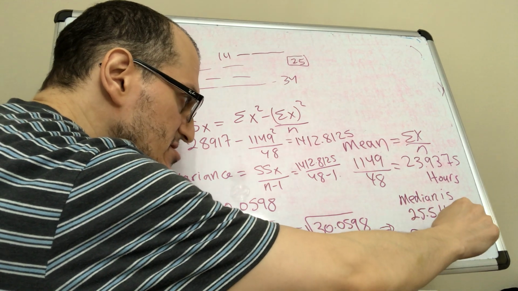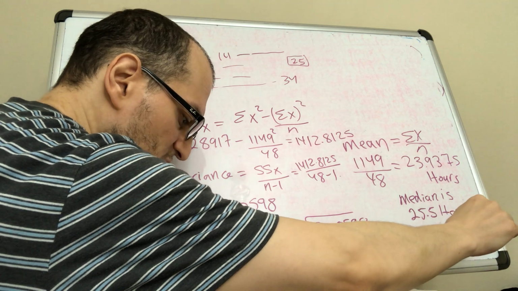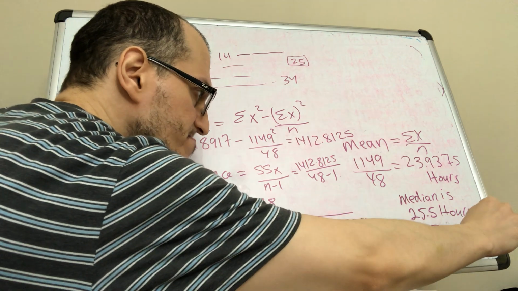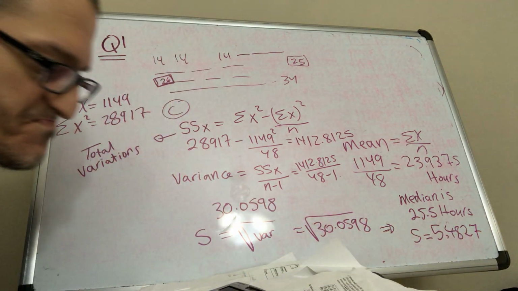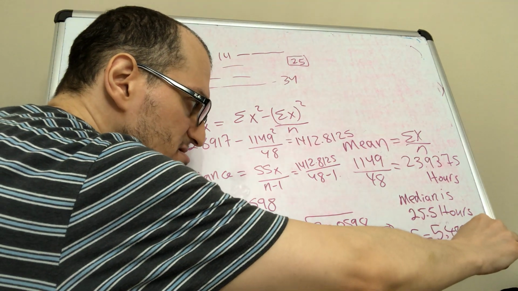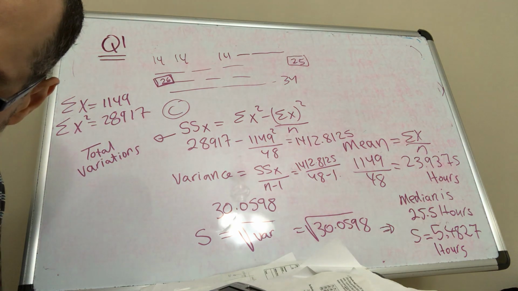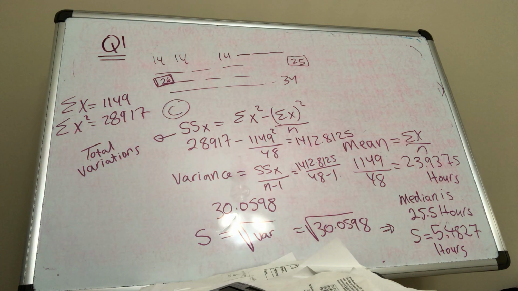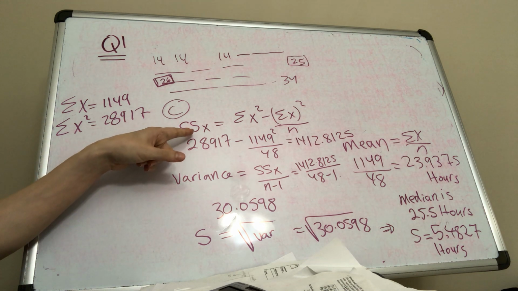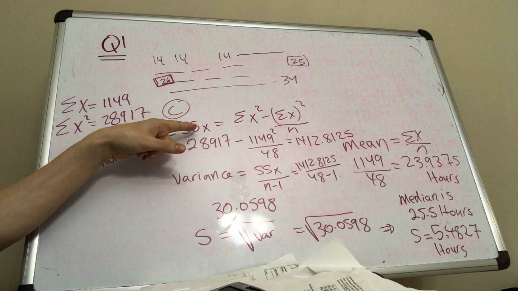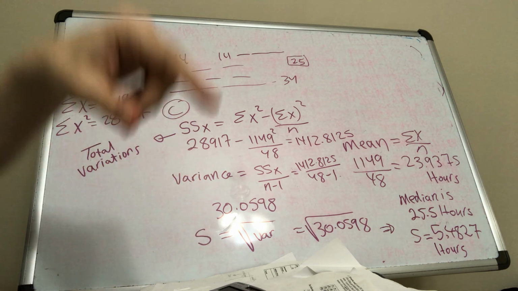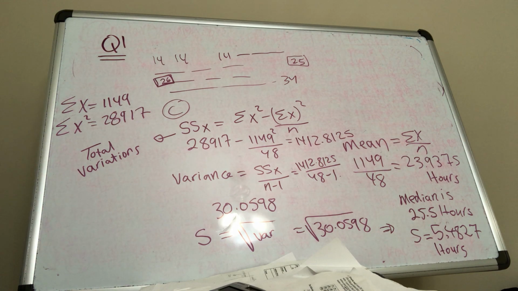The standard deviation is 5.4827. That's your standard deviation, and it would have the same unit measurement, hours. So we found the standard deviation by following the steps: total variations, variance, and then you square root it to find standard deviation.